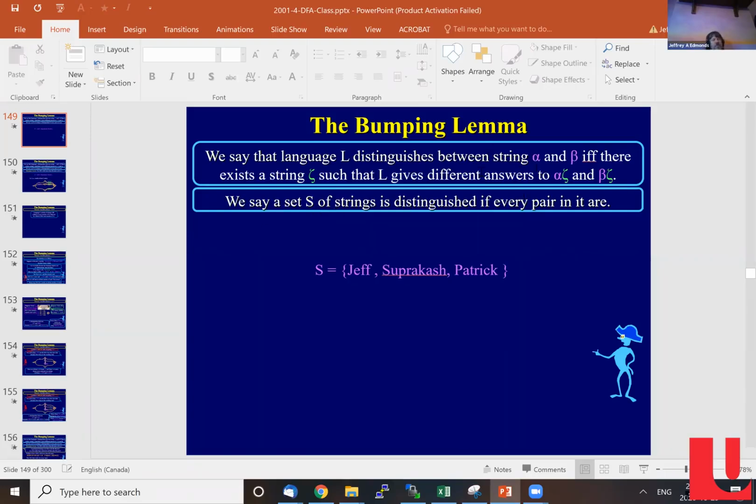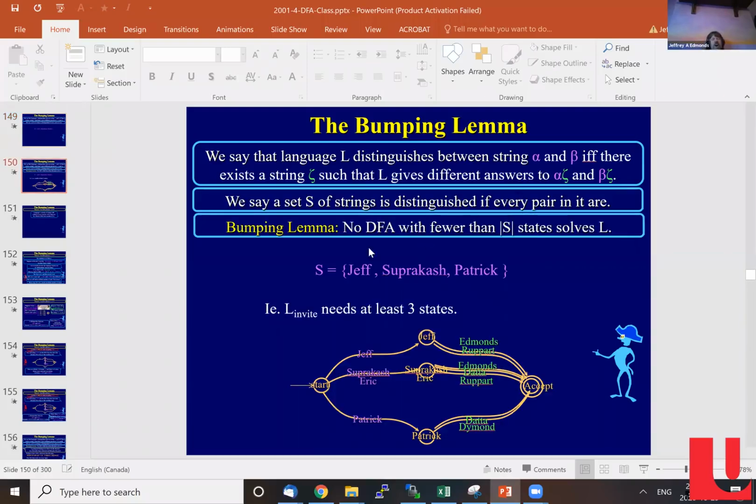For each alpha and beta in the set S, there's a zeta such that alpha zeta and beta zeta have different answers. Then it follows that any DFA that solves it needs at least |S| states. So you need to understand what this means, and then you need to use it.